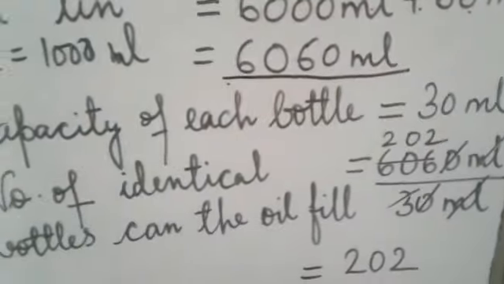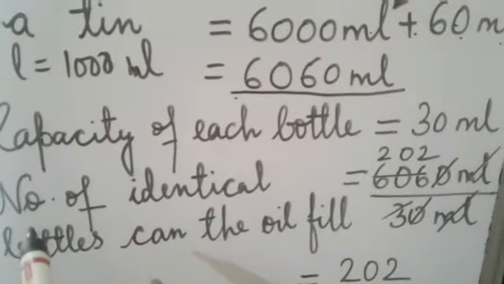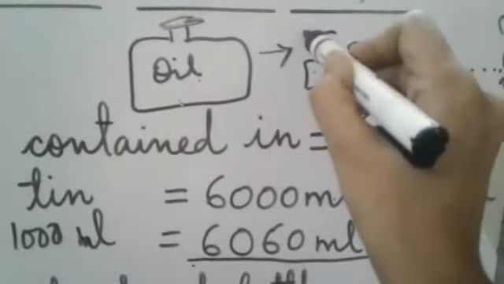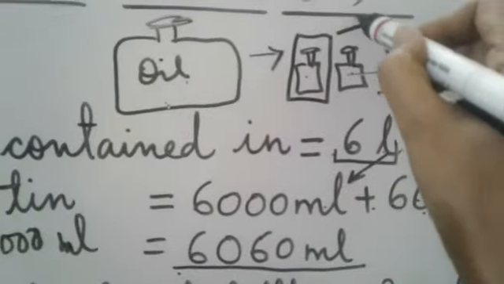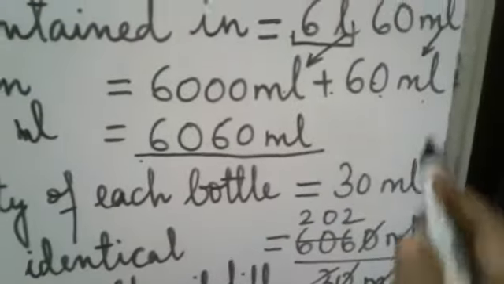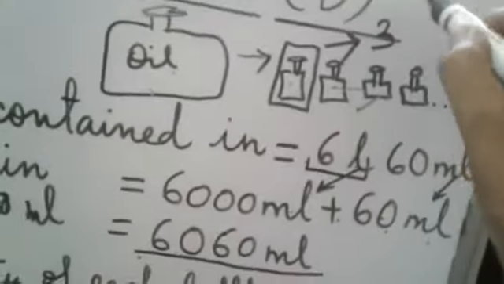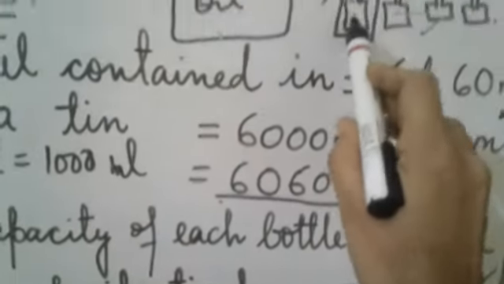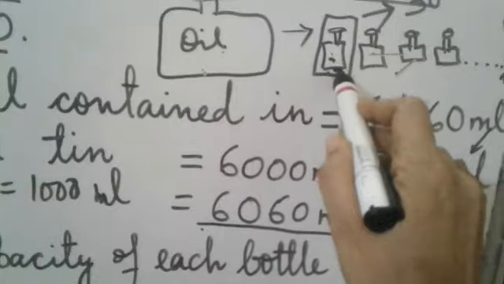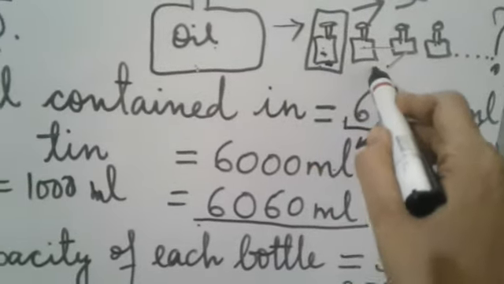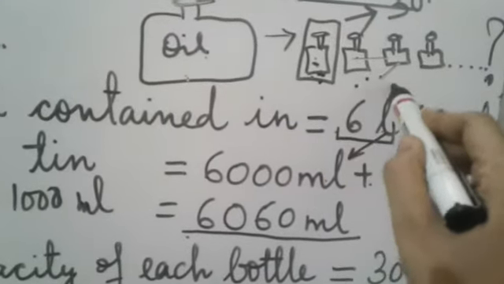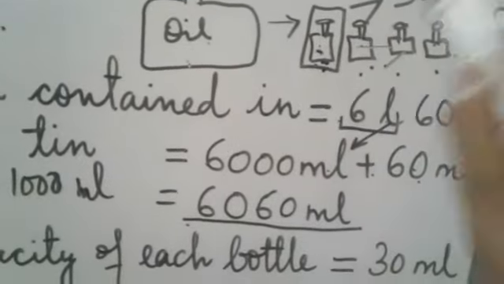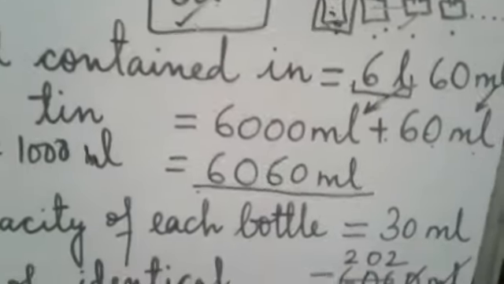Okay, so the next step is the capacity of each bottle. Each identical bottle's capacity is given, that is 30 ml. 30 ml is the capacity of each small bottle. Like this, in each bottle we have to fill 30 ml, 30 ml, 30 ml and so on. And we have to find out how many bottles will be filled with this amount of oil.